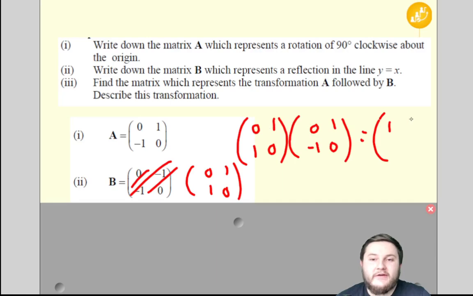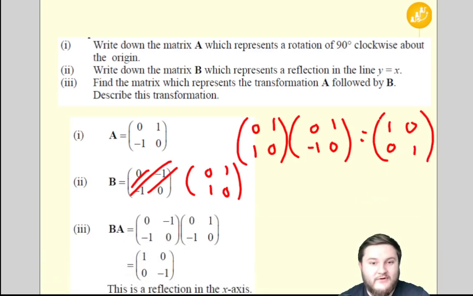And then that's going to be 0, and this is going to be 0, and this is going to be 1 times 0, 0 times negative 1, so that's going to be 0. 1 times 1 is 1, 0 times 0 is 1. So you get 1, 0, 0, 1.